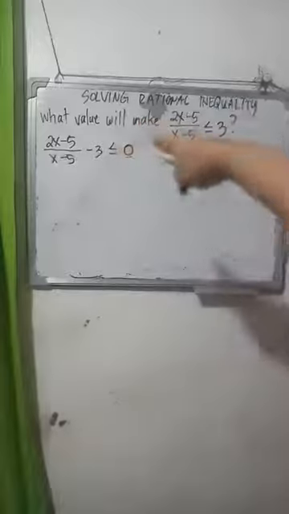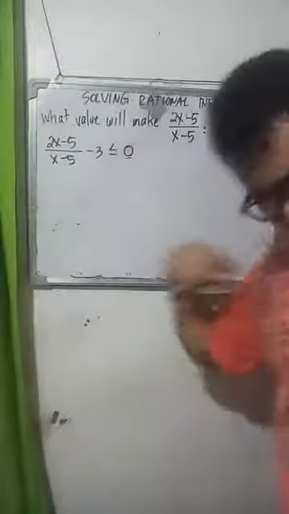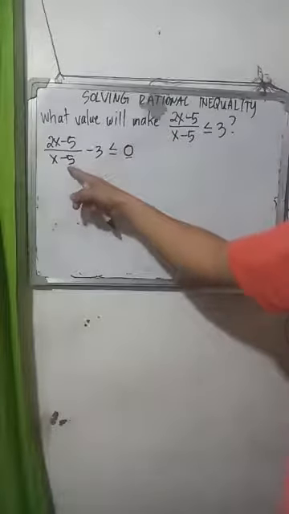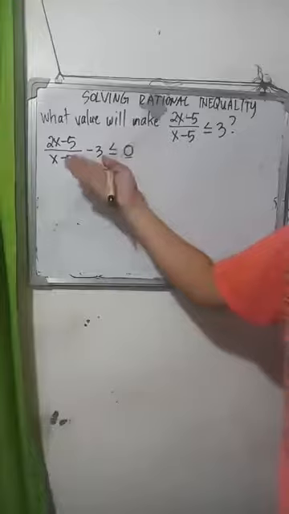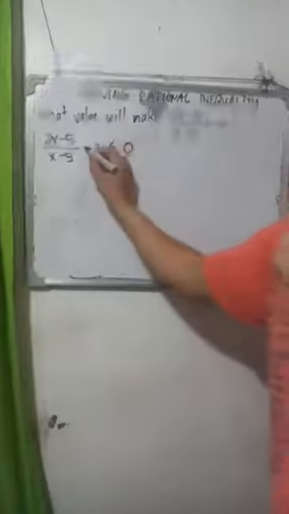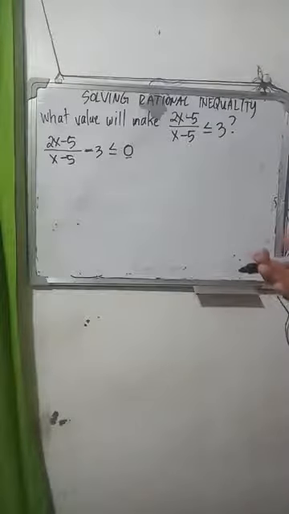Tingnan natin, single. So, hindi pa ito single. Married na ito. So try to solve pa natin. That is to make single rational inequality.